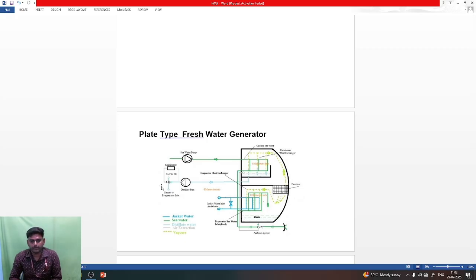Once the three-way valve is activated, the water goes again to the evaporator stage, and the process starts again here in the evaporator. It evaporates again, goes to the condenser, gets cooled, then goes again to the salinometer. This is the basic concept of the system.